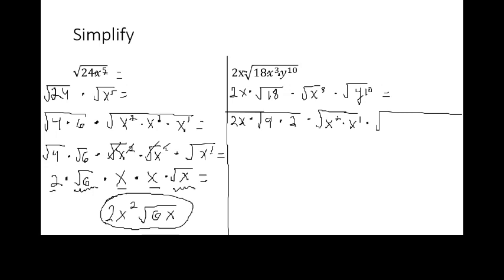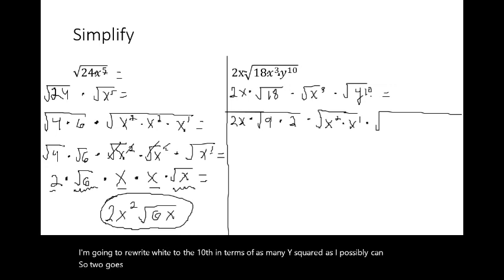So then for y to the 10th, 10 is higher than 2, so I'm going to write this in terms of as many y squareds as I possibly can. So 2 goes into 10 5 times, so I'm going to write this as y squared times itself 5 times.